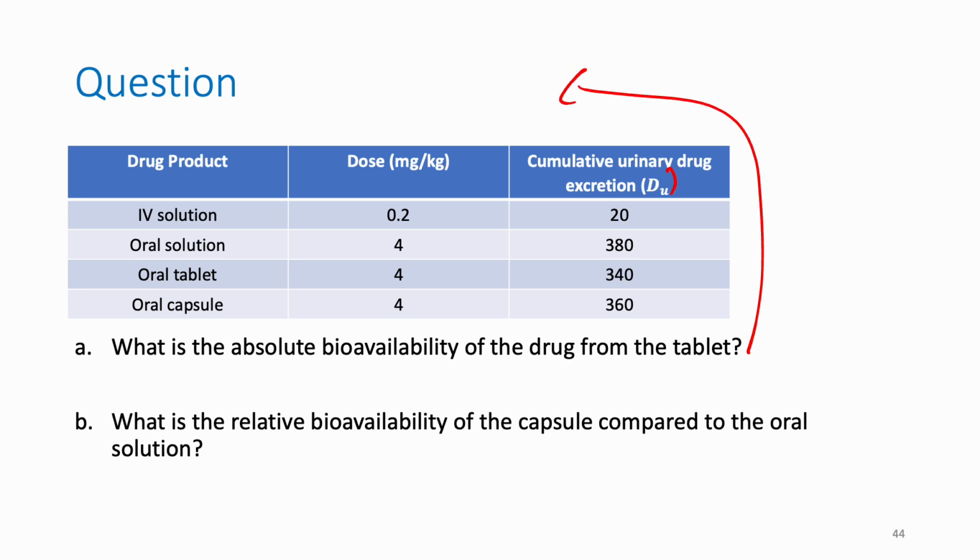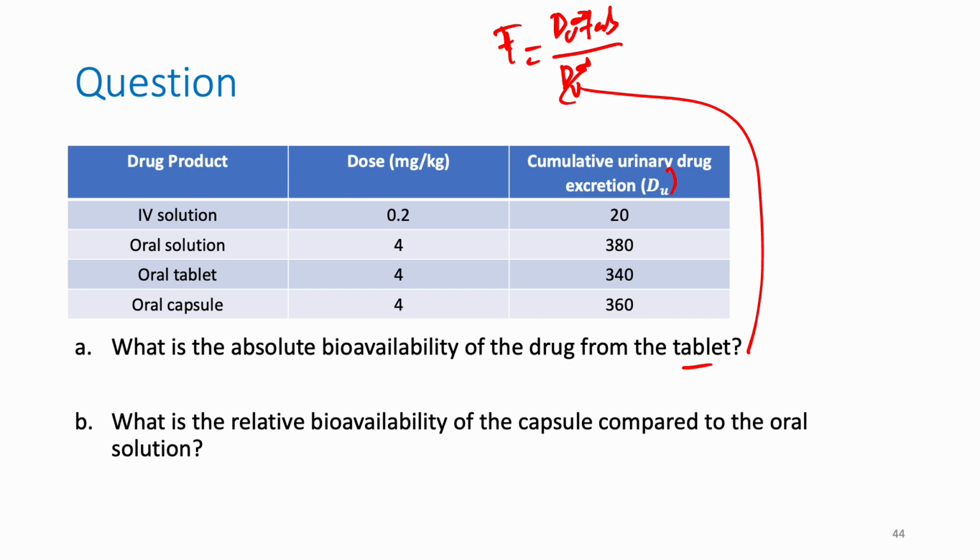Okay, you have more space, I will write here. F absolute will be equal to the DU of the tablets, divided by DU of the IV.